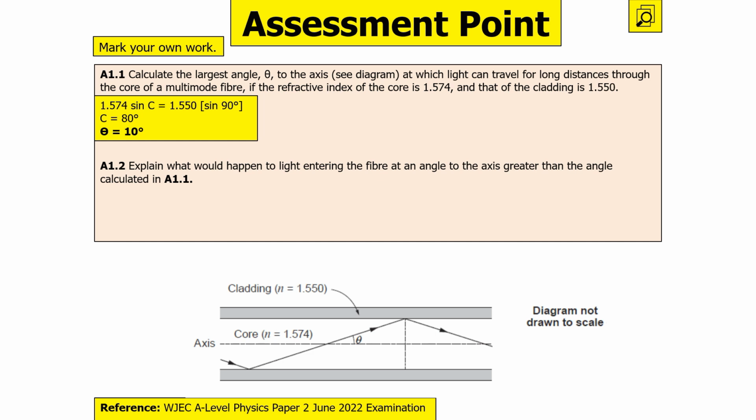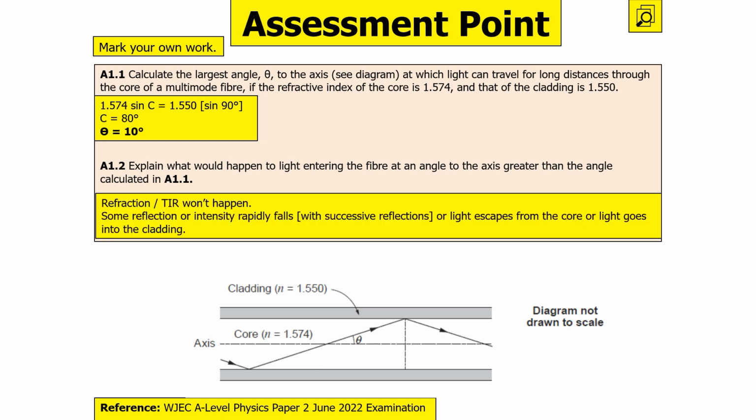Therefore if that critical angle, which is the angle between the core and the cladding, is 80 degrees, from the similar triangles you can see below, it's going to be 90 minus 80, so it's 10 degrees. Now if light entered at an angle greater than that, then refraction wouldn't happen, so some light would escape from the core and some will go into the cladding.